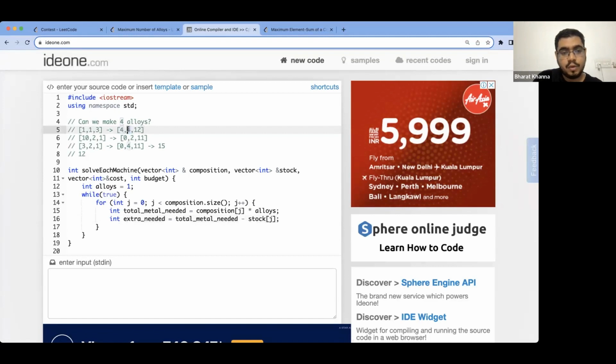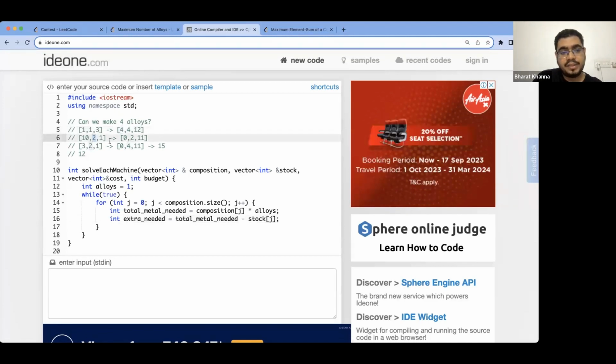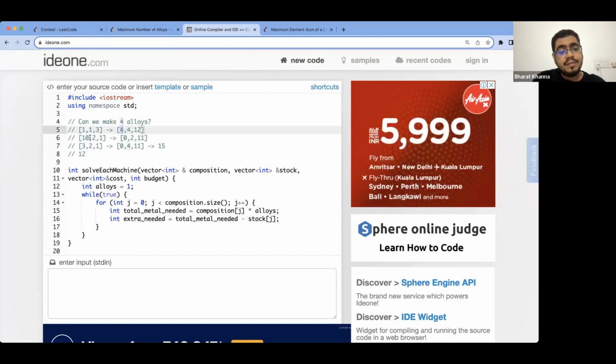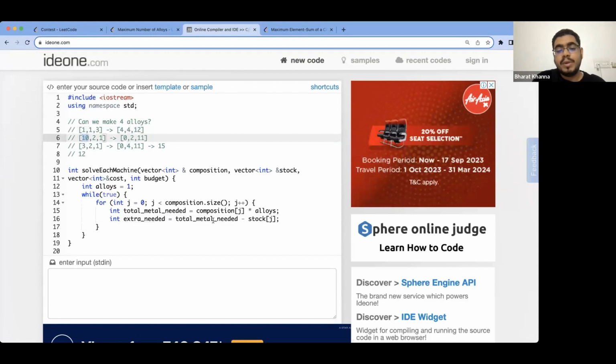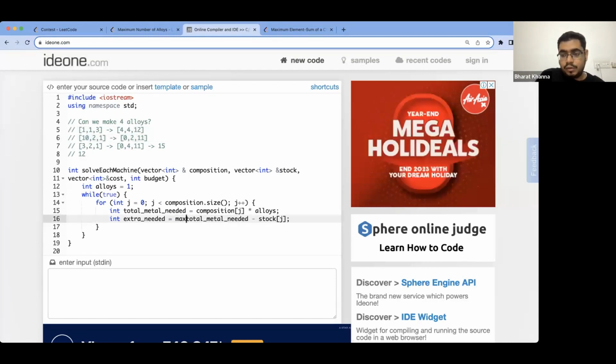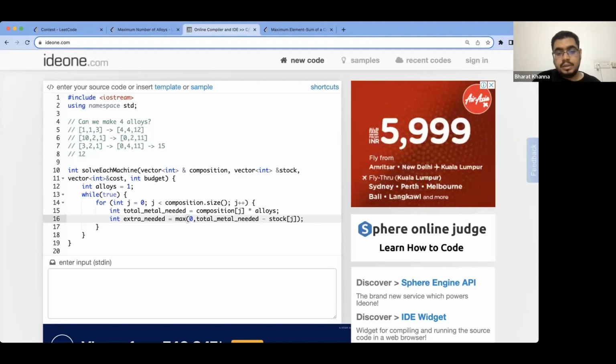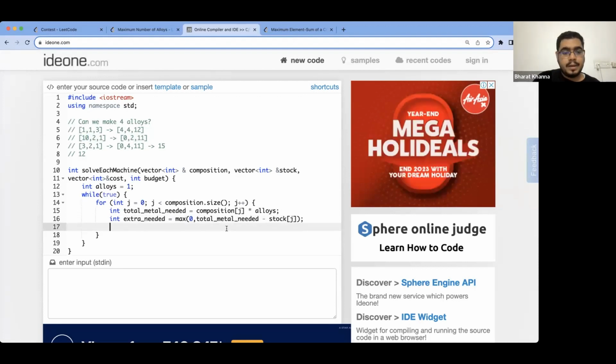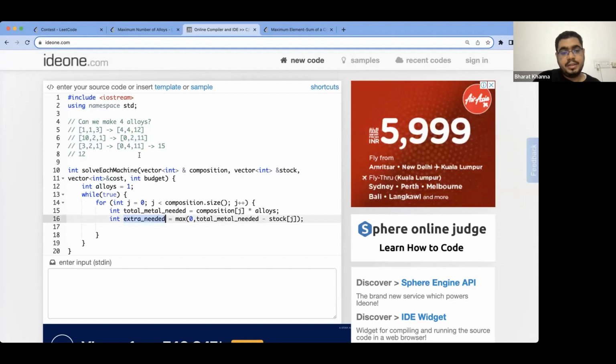For example, in this case, 4 minus 2, extra 2 that we got, right? So exactly this step. But what if it becomes negative? Then it would need to be taken as 0. So I'll say max of 0 comma this. Does this make sense? Why we took max with 0 and what is this formula? Right? So we calculated extra needed.